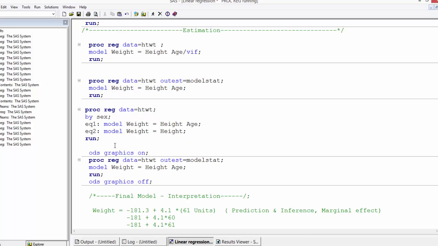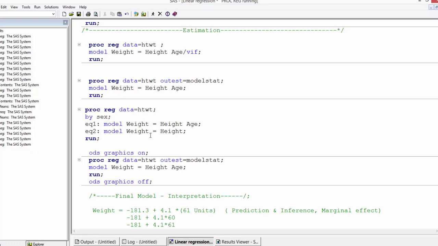As we said in the beginning, if there is a great difference in the percentage of male and female population, it's always good to have two models instead of just one. In that case, you use the by statement. You just use the by statement and it's going to give you two models, or more than two if the categorical variable you are using in the by statement has more than two categories.